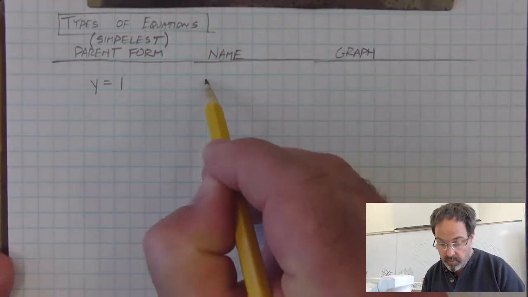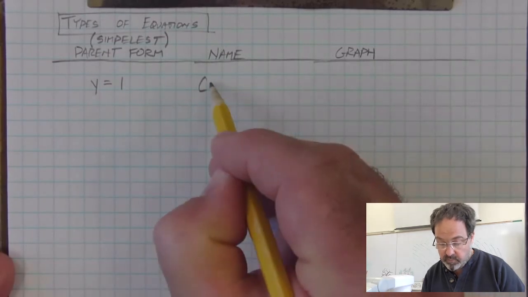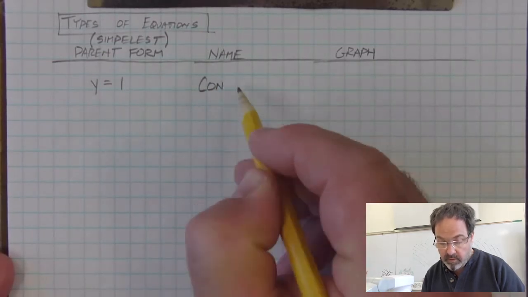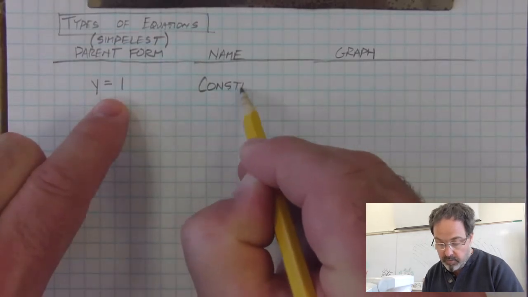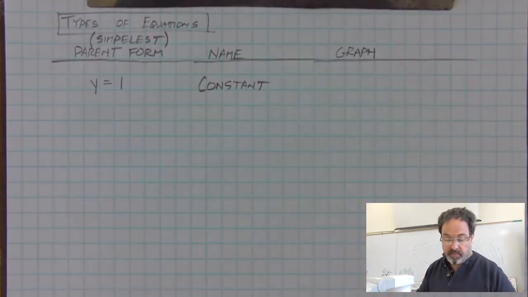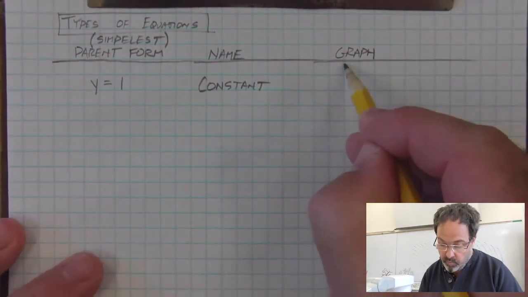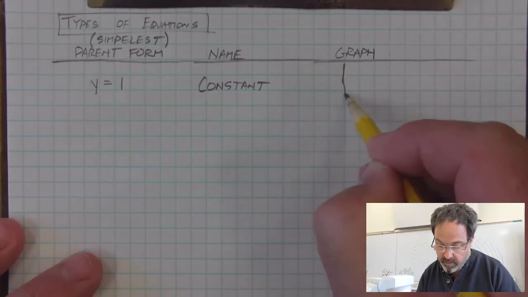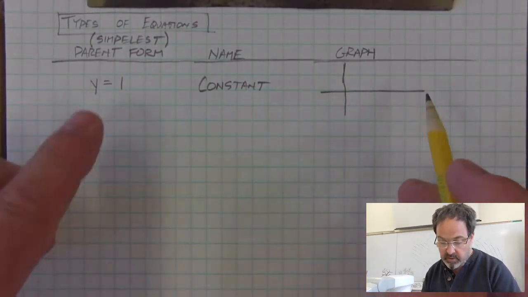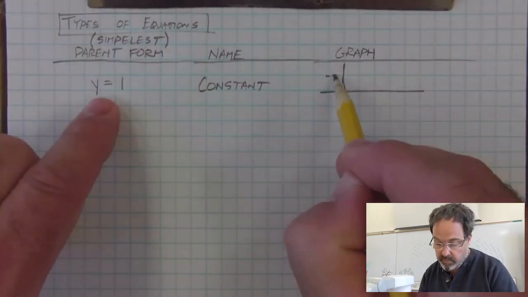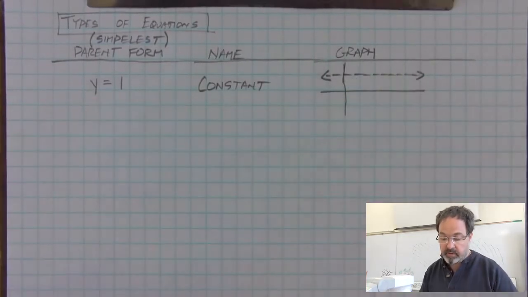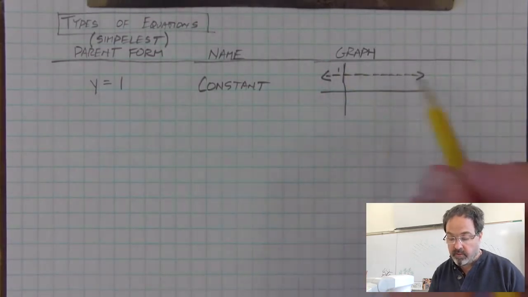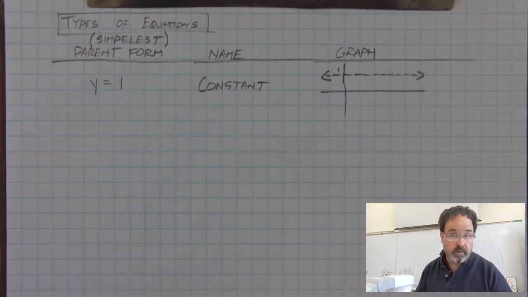So we call this family of y is equal to any number without a variable the family of constant equations. A graph of y is equal to 1, the graph of this parent equation here, is very simply a line that is horizontal, completely flat, because the value of y is constantly 1.